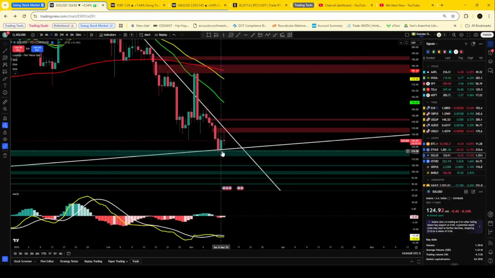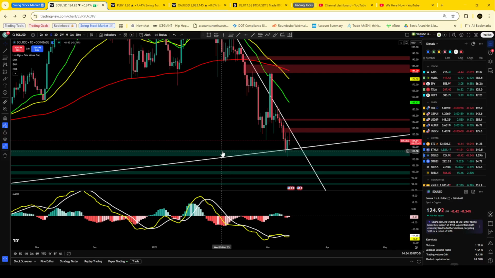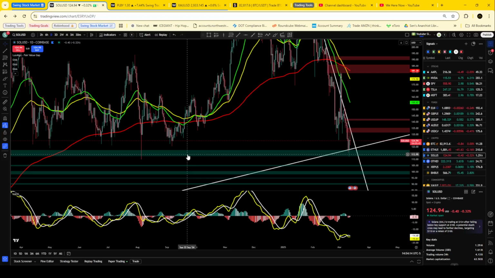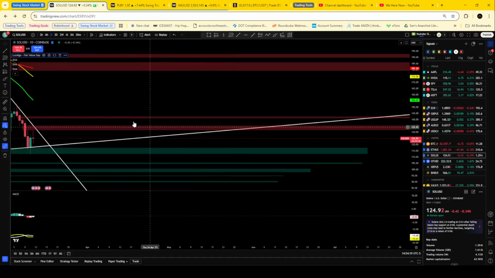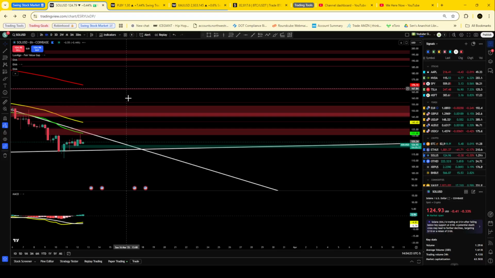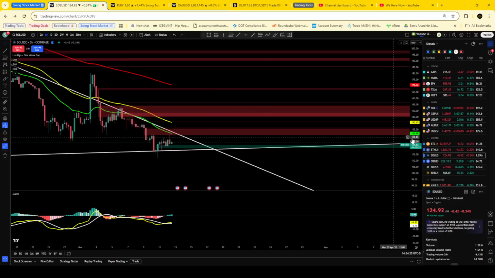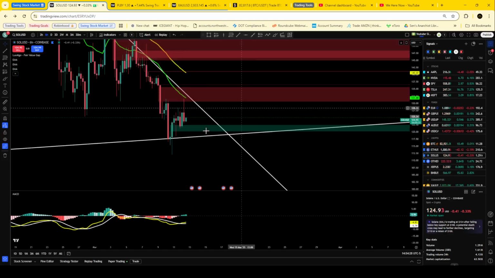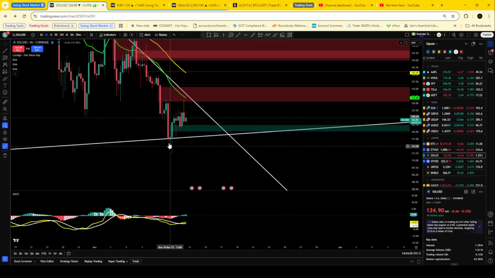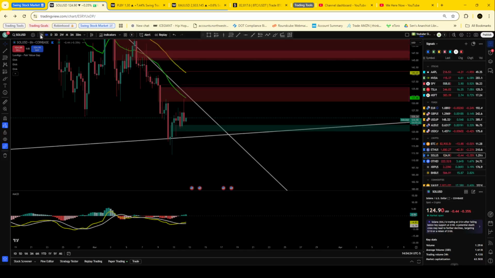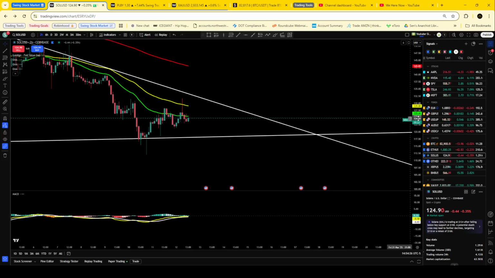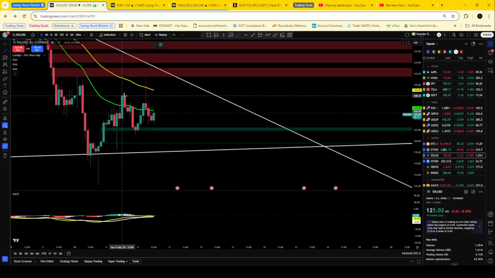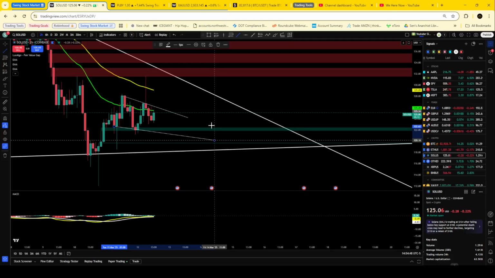This fair value gap has been getting very close, so I would definitely keep an eye on this one as well. What does the 6 hour look like? That's a reversal pattern right there. Let's see the 2 hour. Looking like the 2 hour has a pennant or a flag. So that's good news. This is real good news.